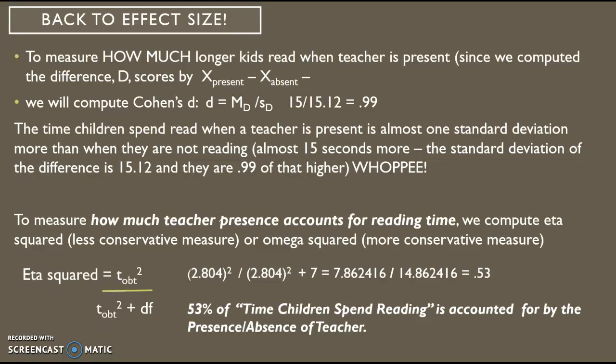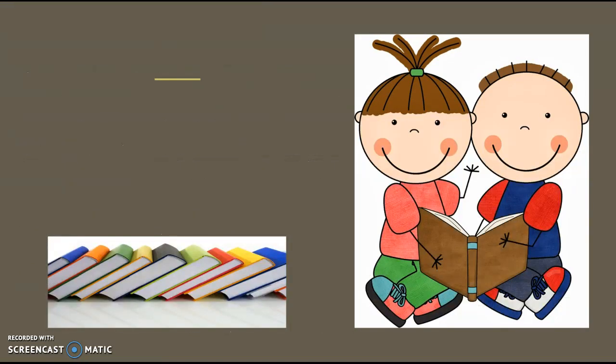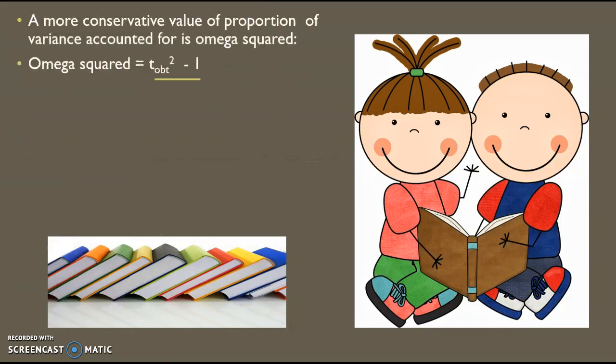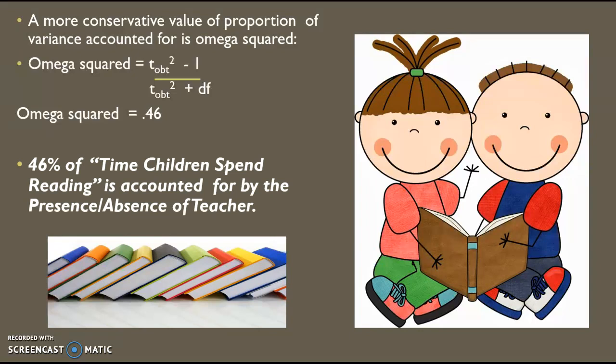So I can say that 53% of the time that children spend reading is accounted for by the teacher being present or absent. Okay. If I want a more conservative estimate, I'm going to do my omega squared, which is, again, the t obtained squared minus 1 over t obtained squared plus degrees of freedom. It is a smaller proportion because it is a more conservative estimate. And I can say the same thing.